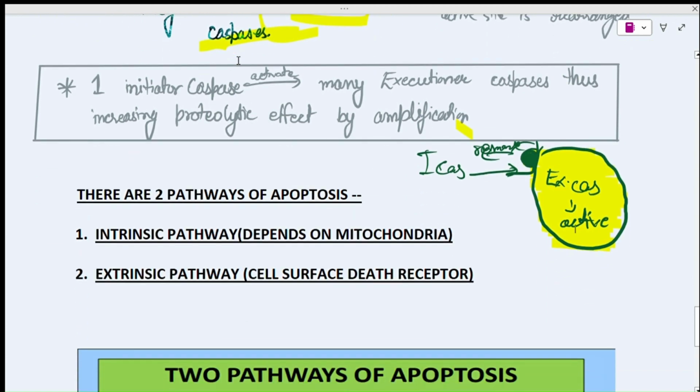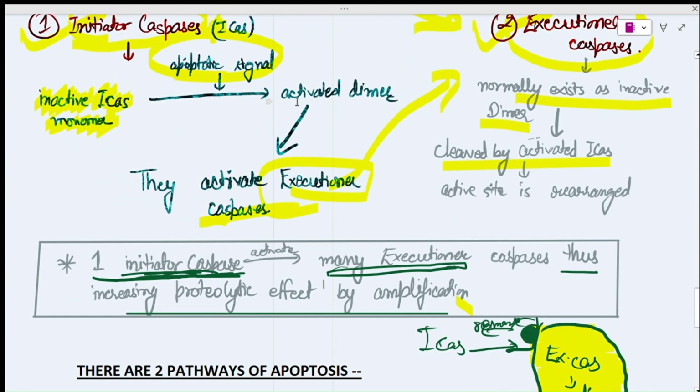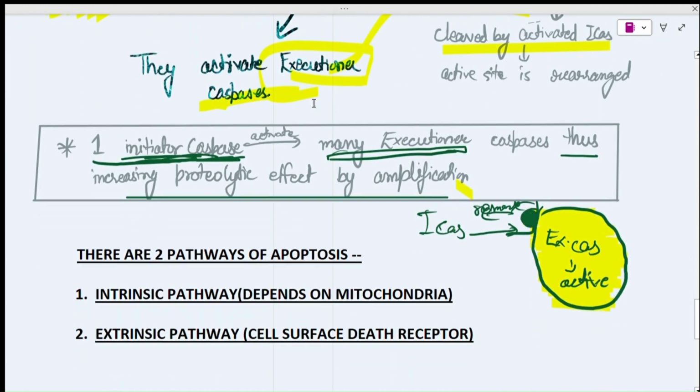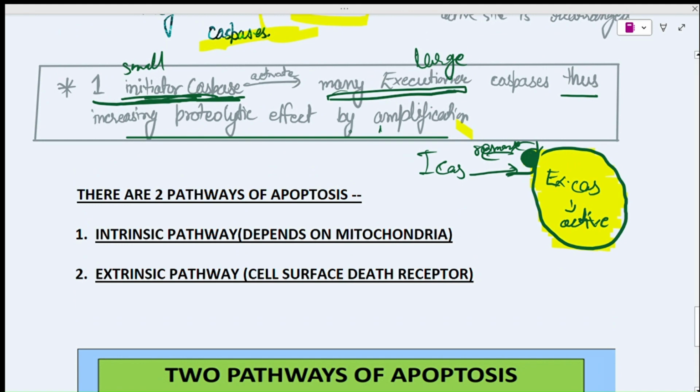Here is another important point: first, initiator caspases will activate many executioner caspases, thus increasing the proteolytic effect by amplification. See, one initiator caspase will activate many executioner caspases. That's why we need only a small amount of initiator caspases to activate a large amount of executioner caspases. Thus, I have written the word amplification here.